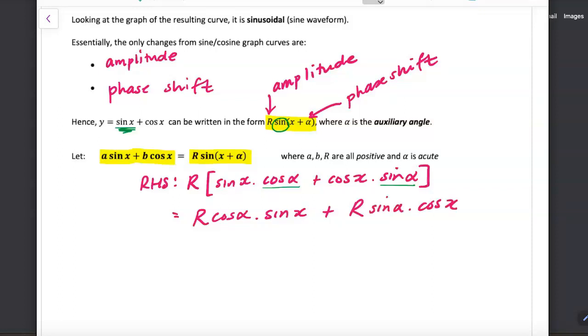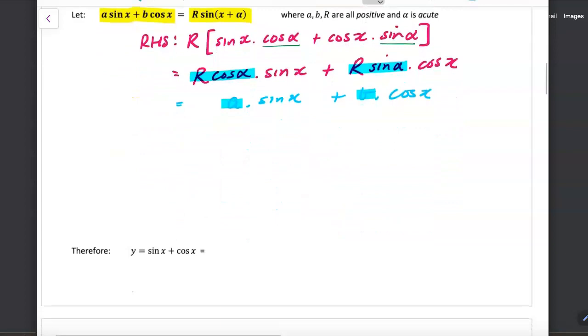And if we relate this to the left-hand side, this is a times the sine of x plus b times the cos of x. So we can clearly see that there's a link between R cos alpha as the coefficient and a, and R sine alpha and b. So let's take a closer look at those.